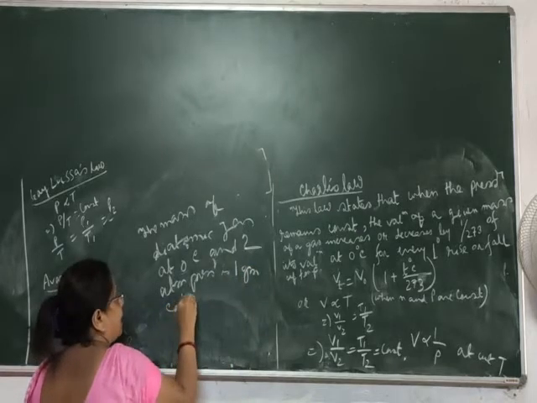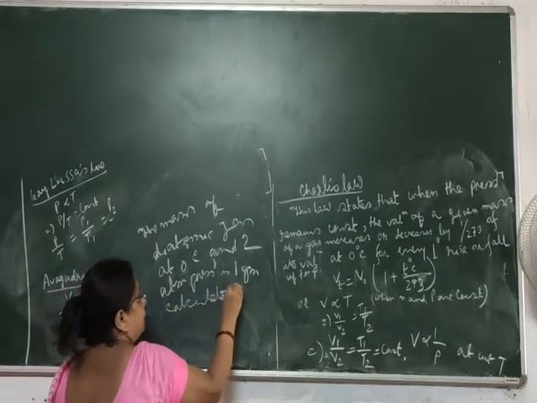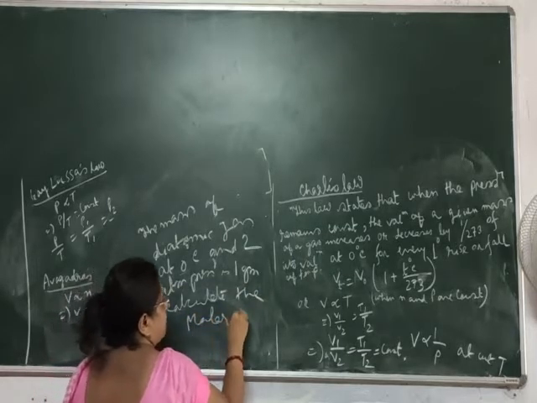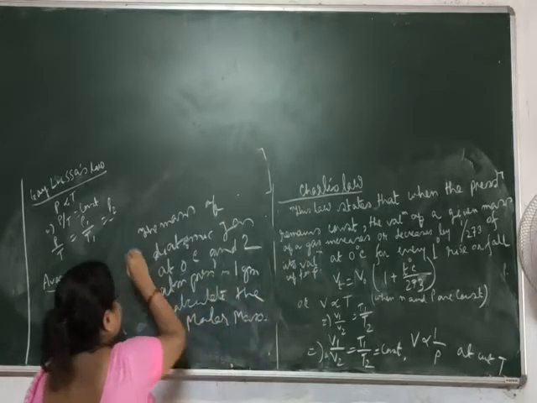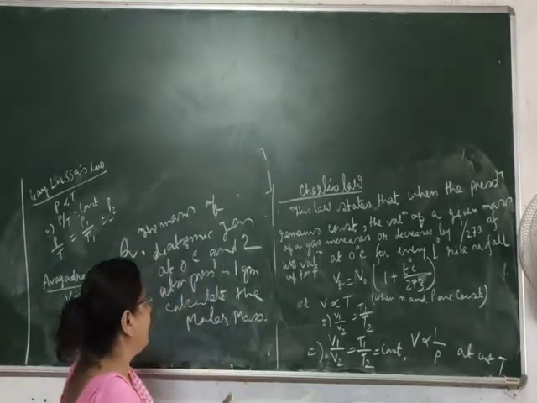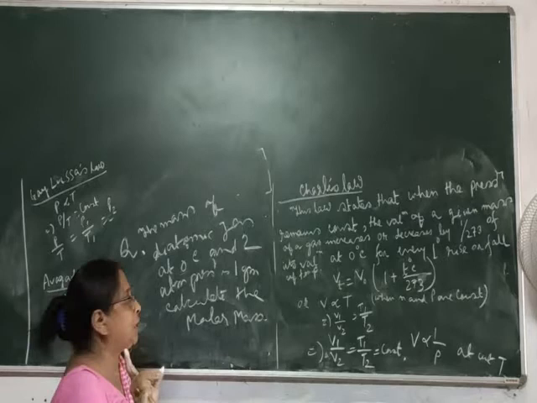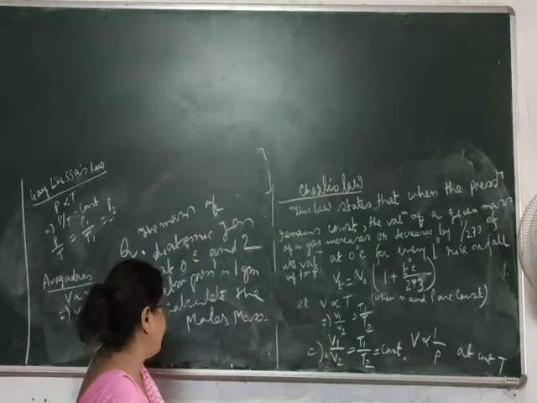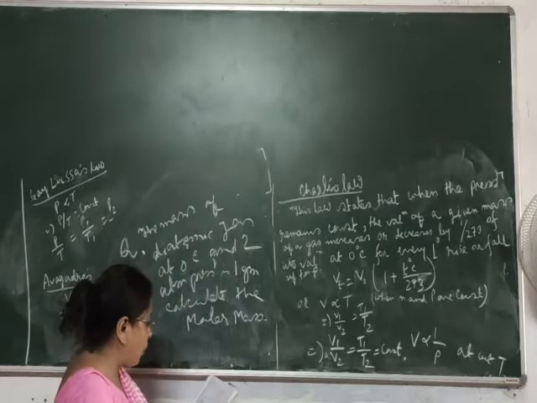Calculate the molar mass. So the question is: the mass of a diatomic gas at 0 degrees centigrade and 2 atmosphere pressure is 1 gram. Remember, calculate the molar mass.